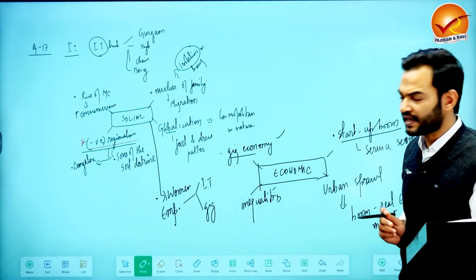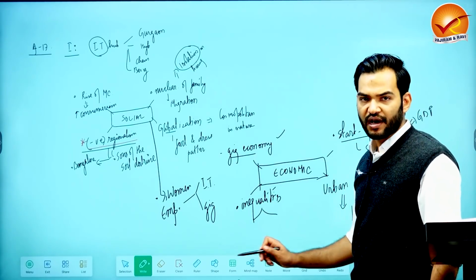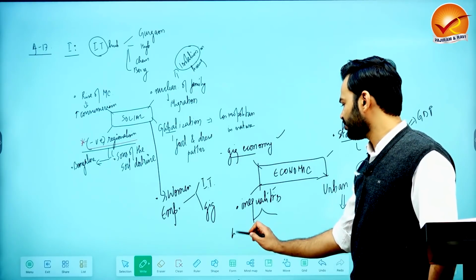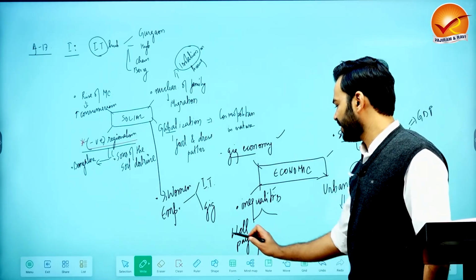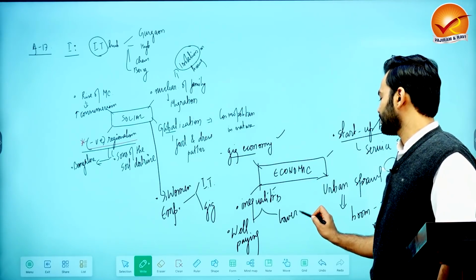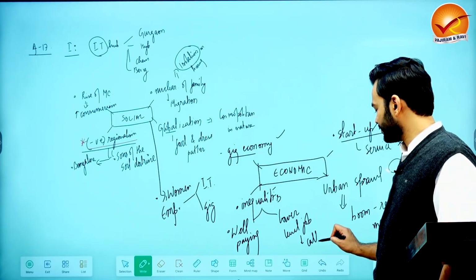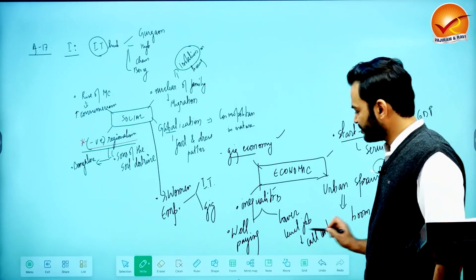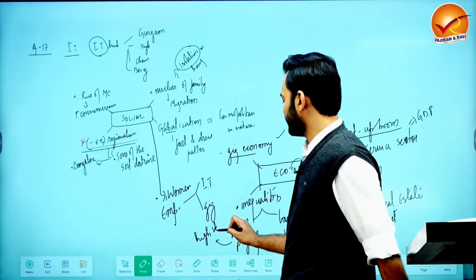There is increase in level of inequalities between those who are doing well-paying jobs versus the lower level jobs in IT, like call center jobs, well-paying jobs, high-skilled coding jobs.